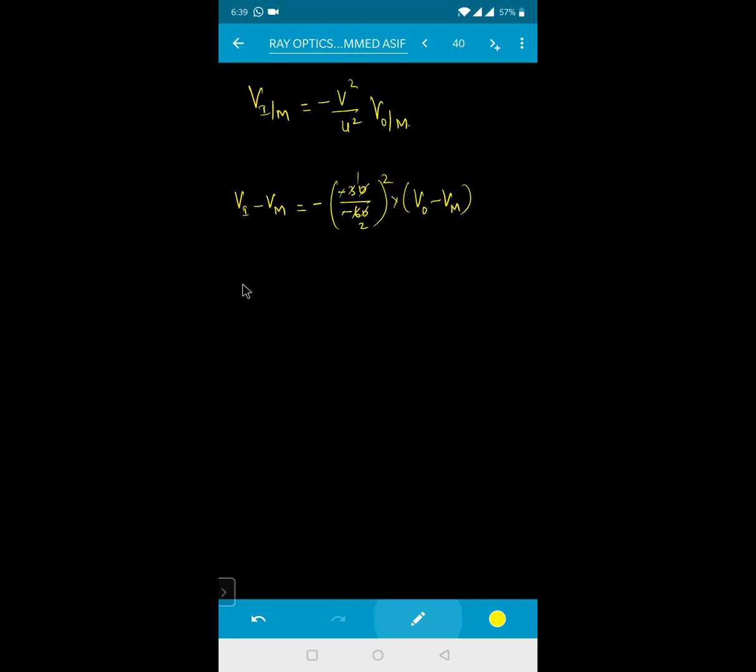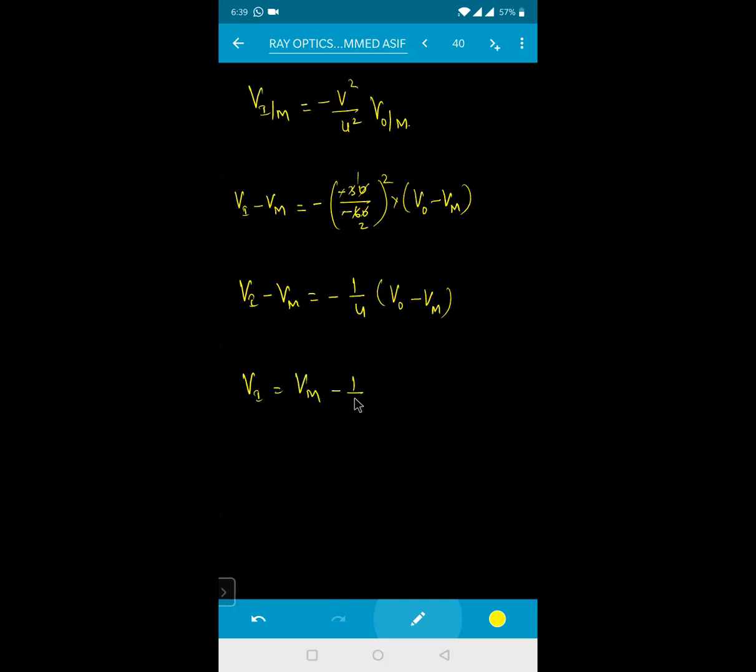So this means the velocity of your image minus the velocity of your mirror is equal to minus 1/4 into the velocity of the object minus the velocity of the mirror. Clear? So the velocity of your image will be, when the minus goes inside, the velocity of mirror.